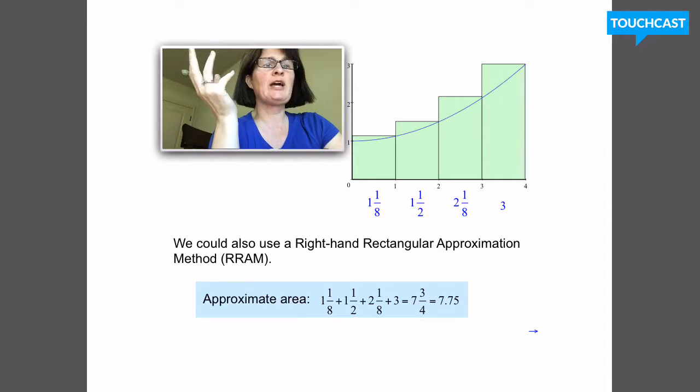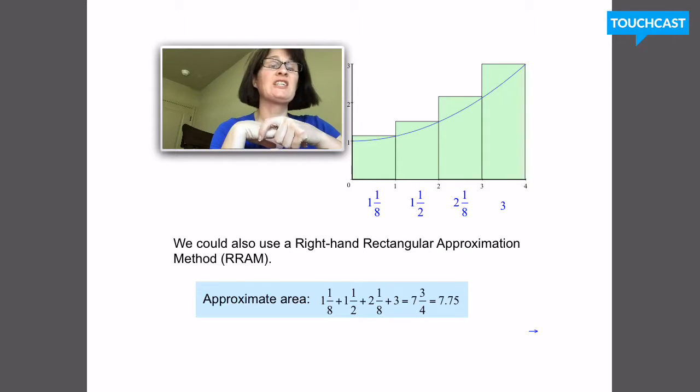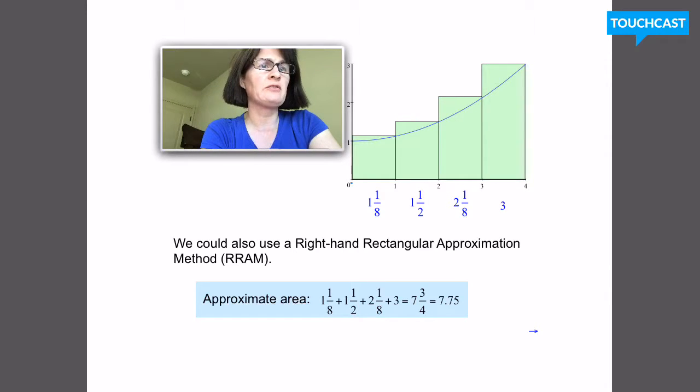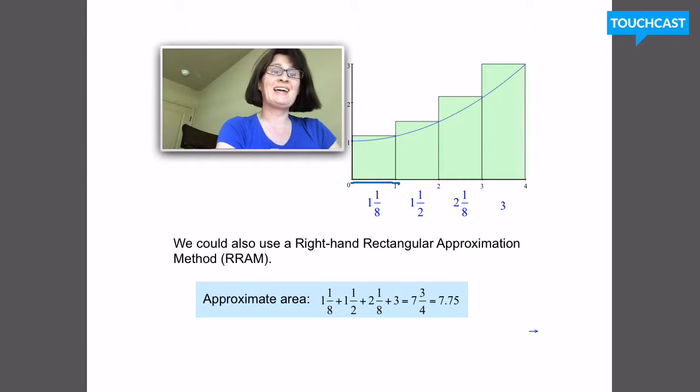Remember that decision to have my rectangles touch at the top left corner was just an arbitrary decision. I could have had my rectangles touch at the top right-hand corner. Think of that first rectangle, it covers the t values from 0 to 1. The right-hand end of that interval is 1.